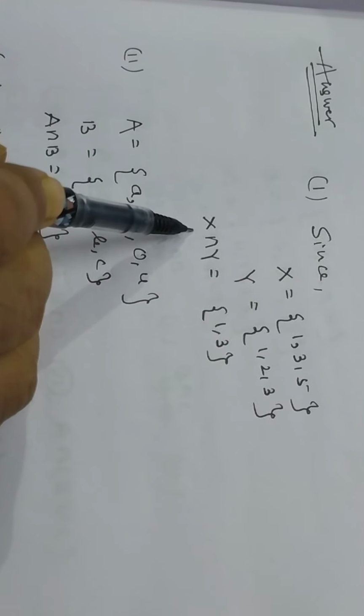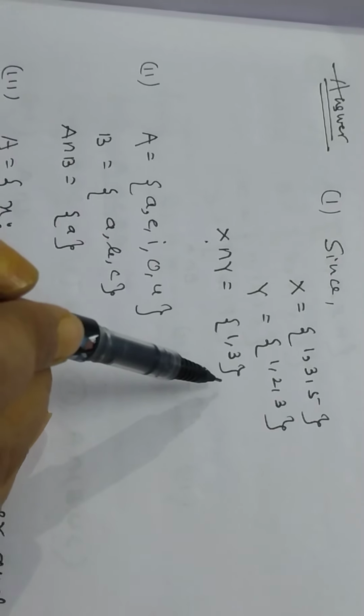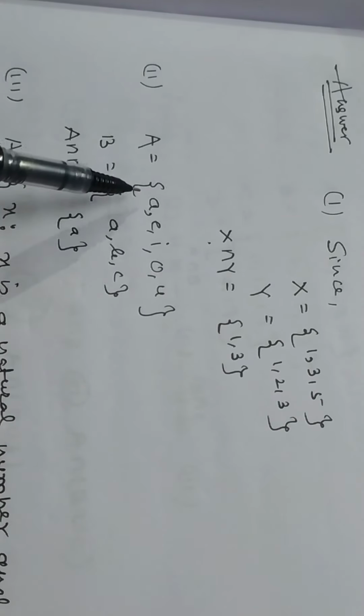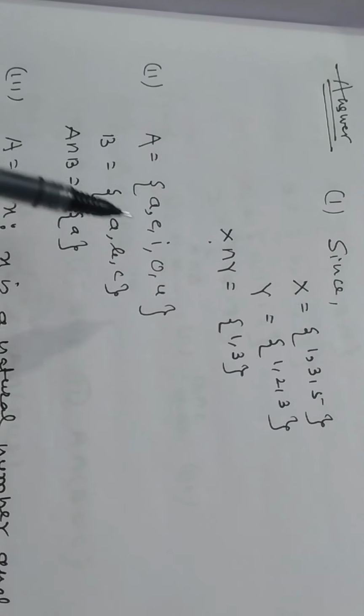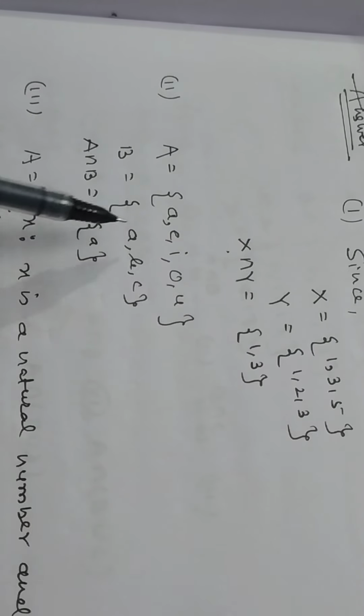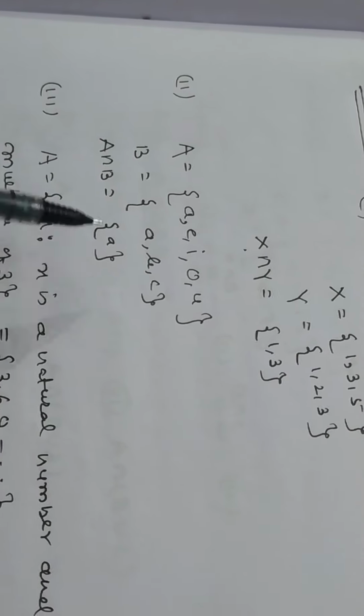So X intersection Y is the set 1, 3. A is a, e, i, o, u. B is a, b, c. Then A intersection B, a is common. So we write the singleton set a.